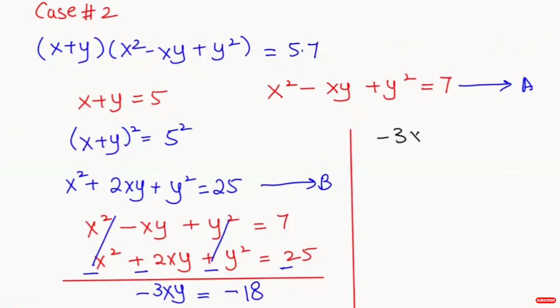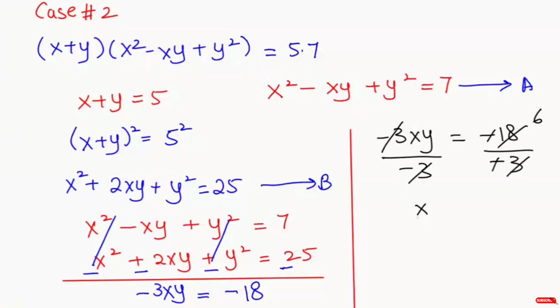Minus 3xy is equal to minus 18. This minus 3 is dividing both sides. Here this and this cancel out and this is going to be reduced to 6. So the value of xy here we find out, that is 6. Here we get a positive integer, so I am going to take this for the further solution.